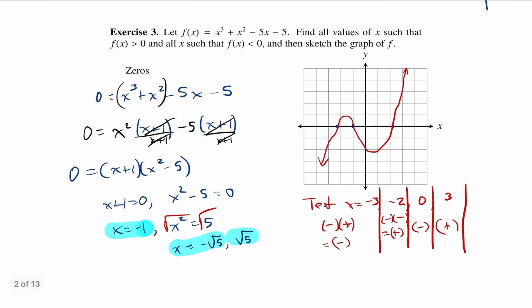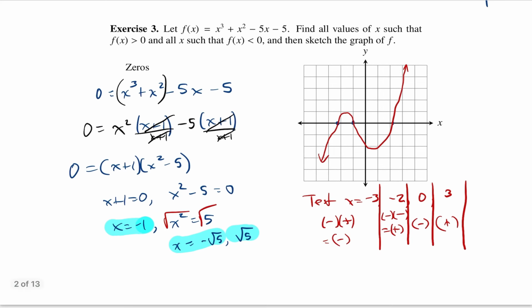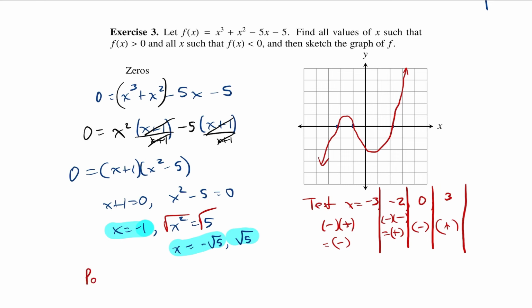And now we can determine the intervals on which the function is positive and the intervals on which the function is negative. Let's start with the positive. The function is positive here and here. So that would be from this 0 to this 0. So let's write that here. Positive, or I'll just write it in a more mathematical way.